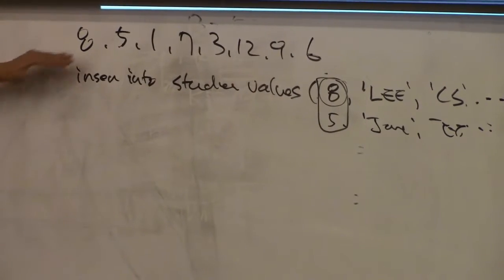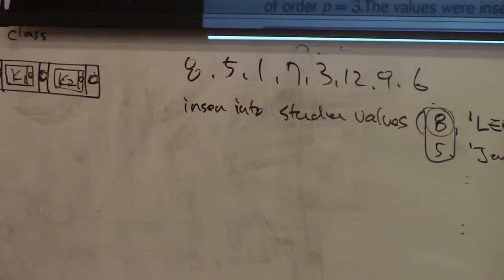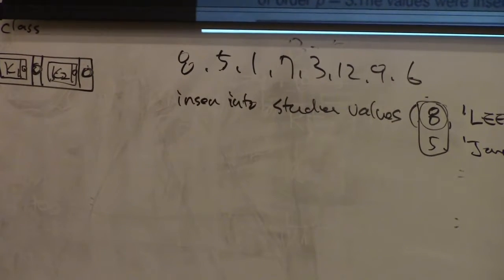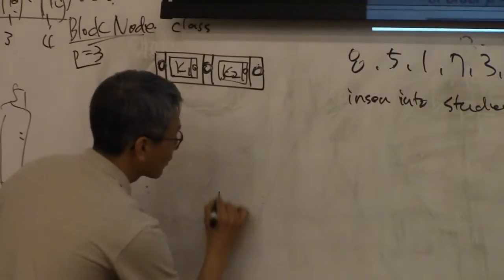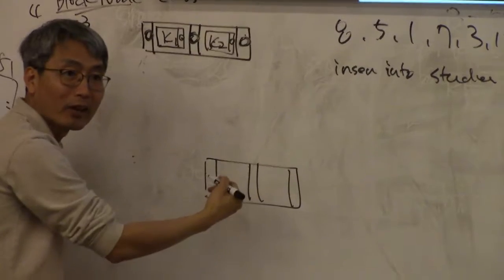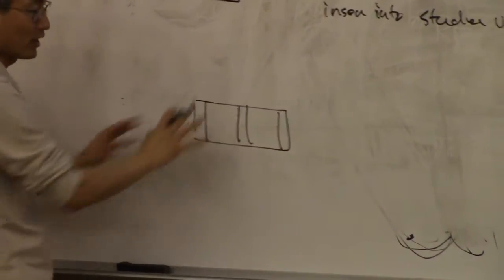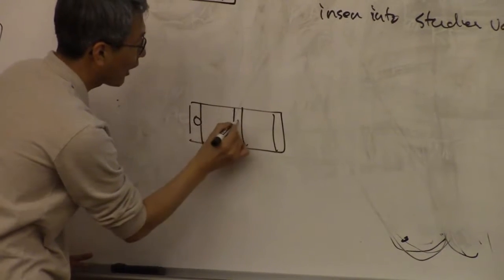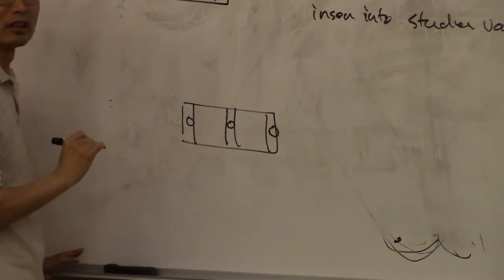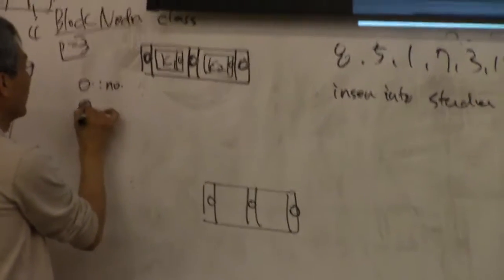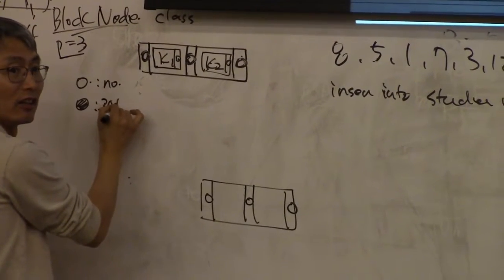So first, insert 8. What if there's no index? We need to instantiate the new node. In memory it will be allocated like that, but this is a high-level illustration, so don't be confused. No child, no child, no child. This one means null, and solid means pointer.